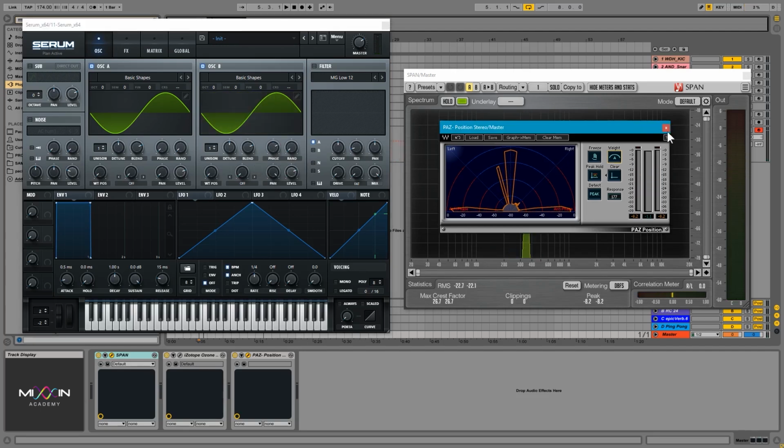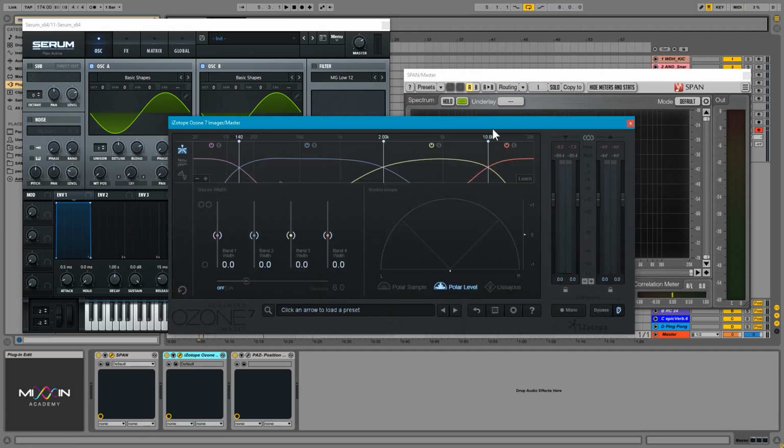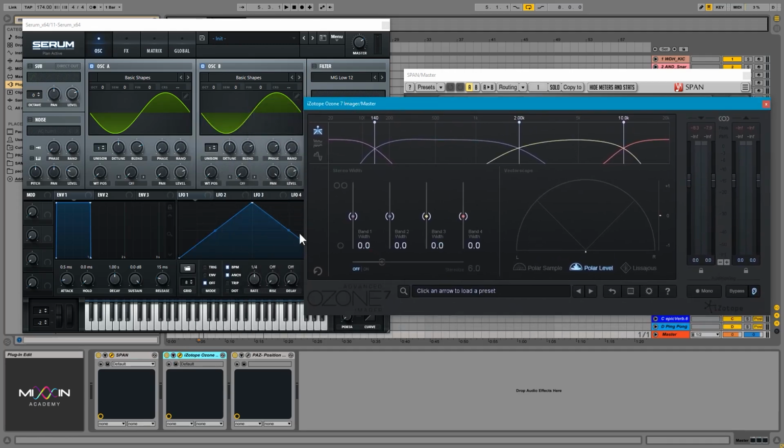All of these have the same thing. They just determine the difference between the phases of the left and right channels to show us graphically how stereo something is. Let's play with the phase and look at this one.